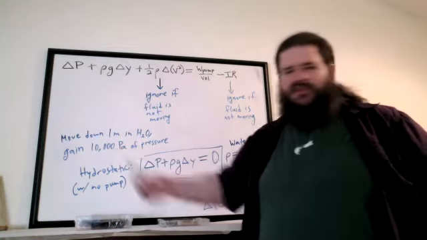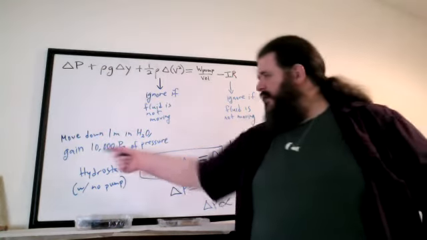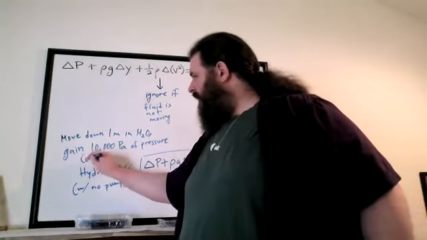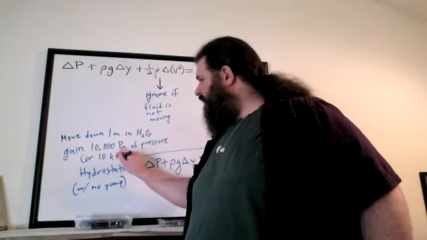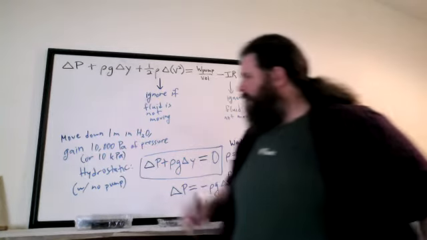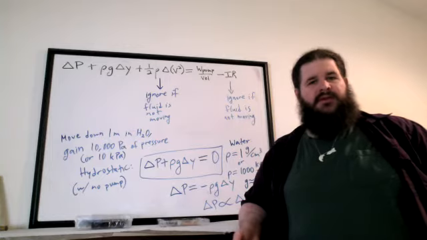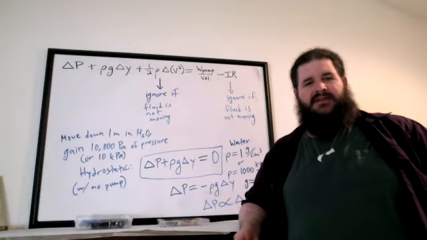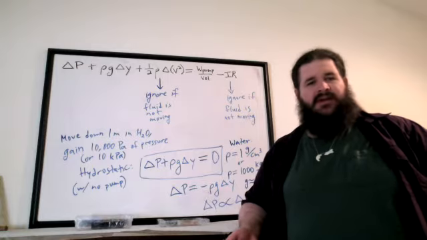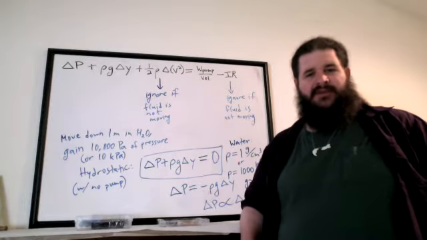And of course, the thousands is kind of unwieldy there, so 10,000, we often just write as 10 kilopascals. So this is a convenient rule of thumb to remember. Every meter you move down in water, you gain about 10 kilopascals of pressure. And that's a nice big round number, again, because the metric system is defined in terms of properties of water.